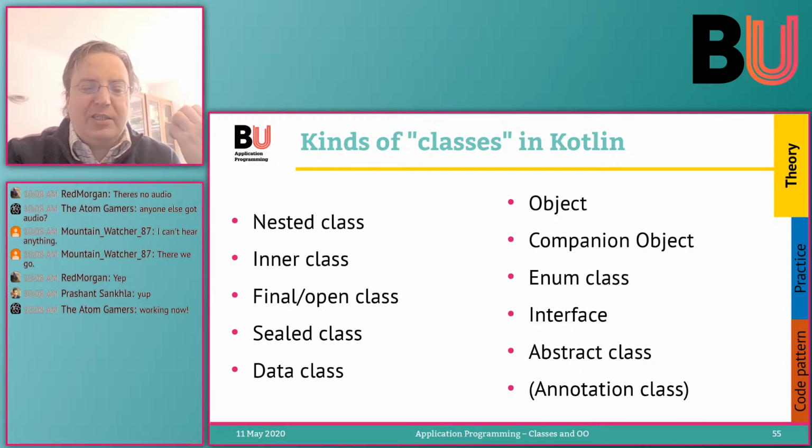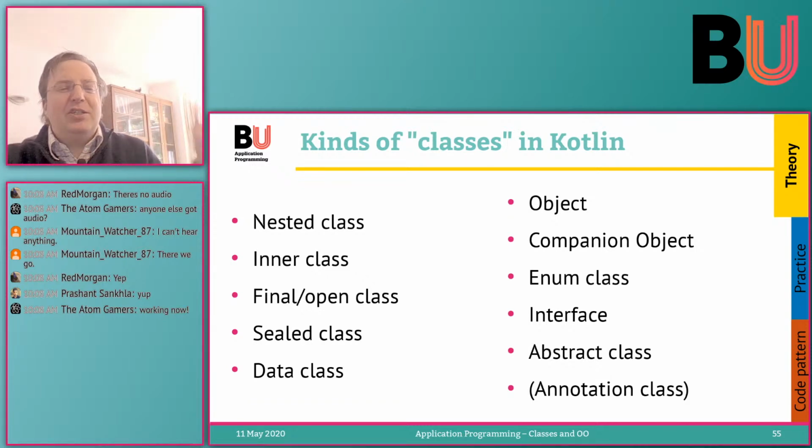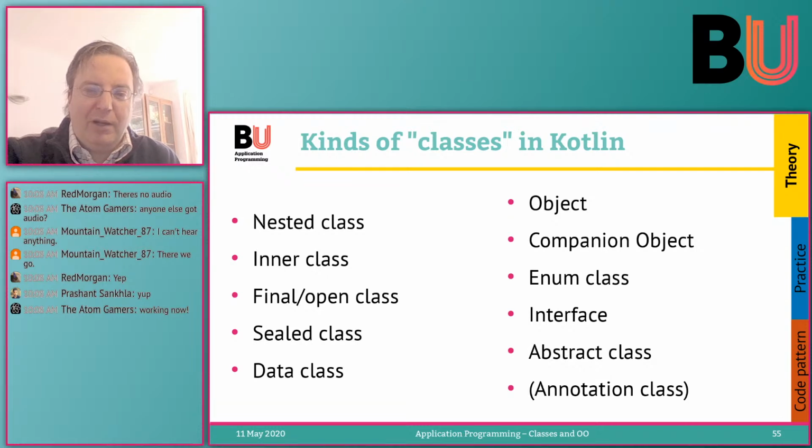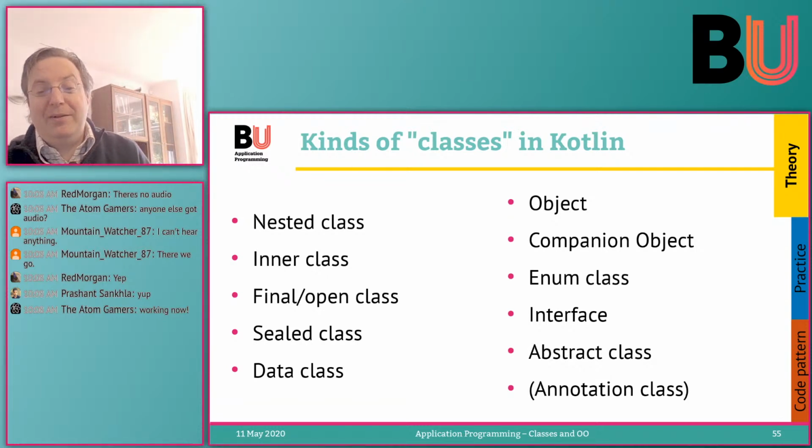Data class, like I said, by default makes it easy to create data structures, and it adds a lot of default methods that you want. You can do it all by hand, but data class makes it nice and concise. You can define a data structure on one single line of code rather than many lines.